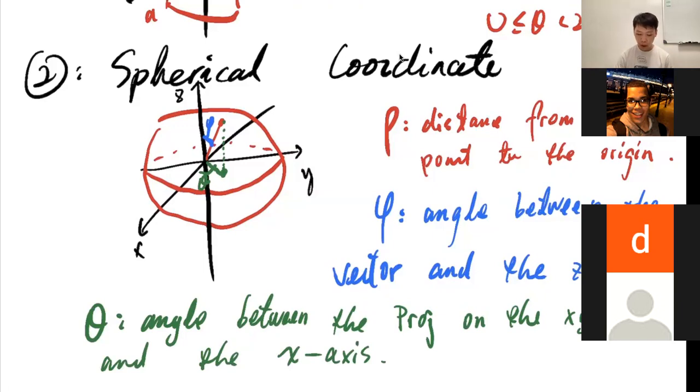So why do we choose a system like this? What are the connections?